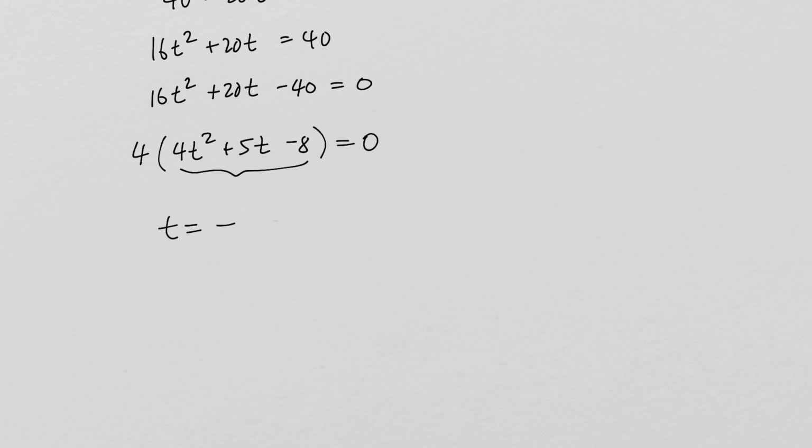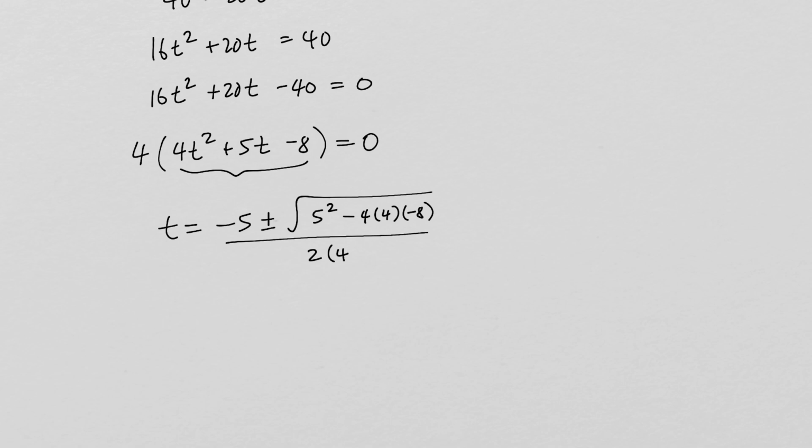t is going to be negative 5 plus or minus the square root of 5 squared minus 4 times negative 8, all divided by 2 times 4. So just the quadratic formula, we're going to have 25 plus, right, we have negative times negative is positive. 4 times 4 is 16. 16 times 8 is 128, divided by 8.